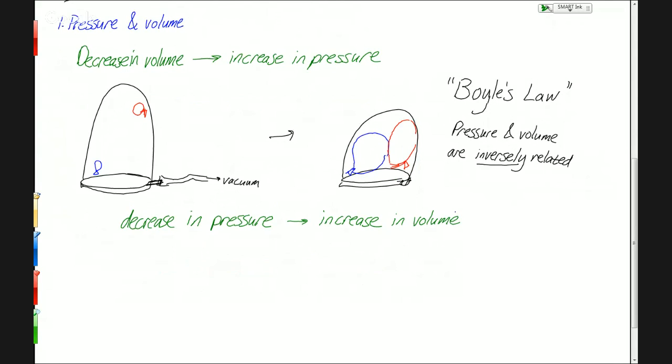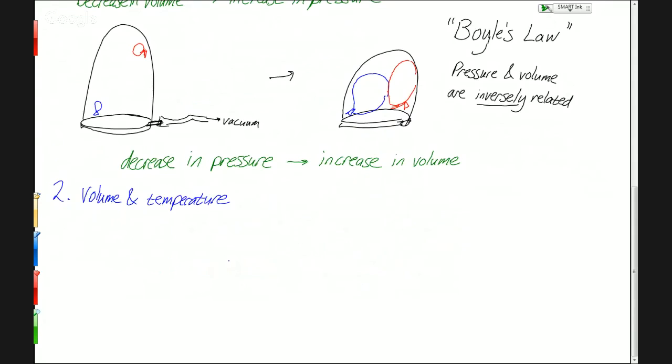All right, so the second relationship we're going to look at is the relationship between volume and temperature. Because actually, temperature is an important factor in properties of gases as well.